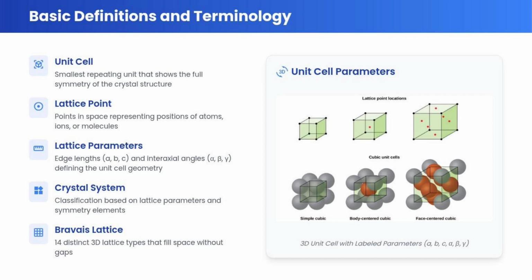These include the edge lengths, labeled as A, B, and C, and the interaxial angles, known as alpha, beta, and gamma. Refer to the 3D unit cell diagram showing A, B, C, alpha, beta, and gamma. Finally, while there are many crystal systems, there are exactly 14 distinct three-dimensional lattice types that can fill space without any gaps, known as Bravais lattices.